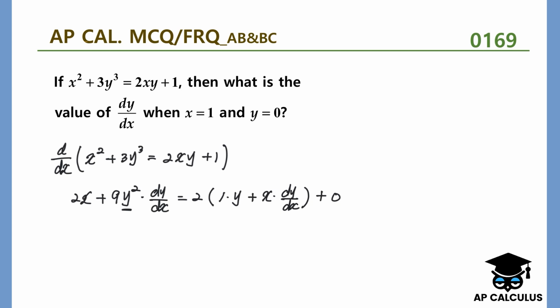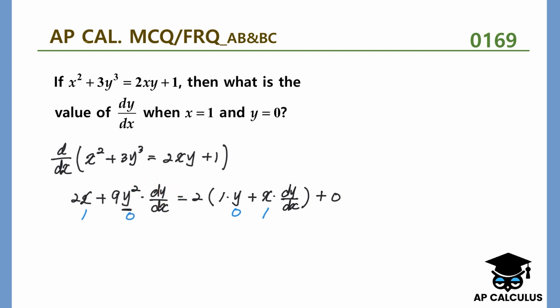Here, we can just substitute 1 for x and 0 for y. We don't have to simplify for dy over dx. If y is 0, all of this expression is equal to 0.